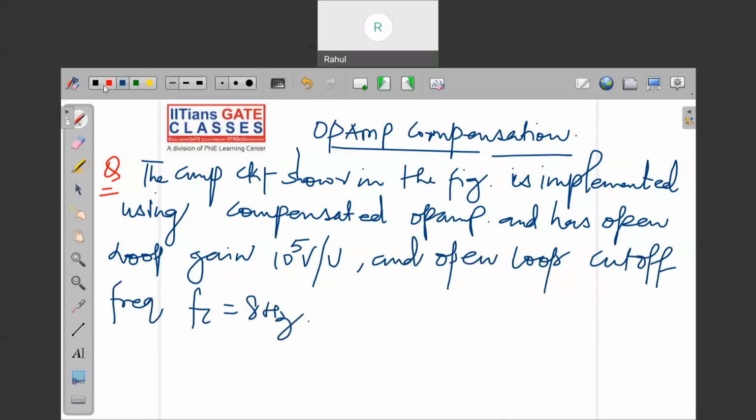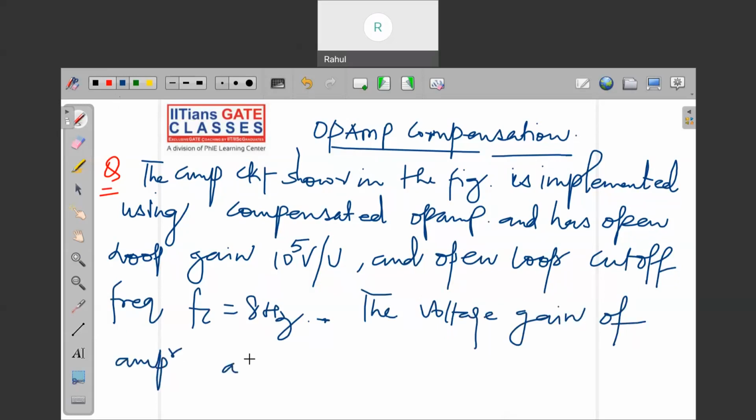The voltage gain of the amplifier, what you have to find here, is the voltage gain of the amplifier at 15 kilohertz.